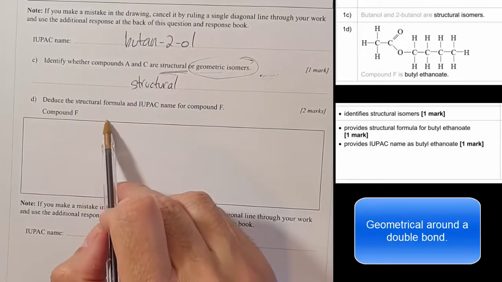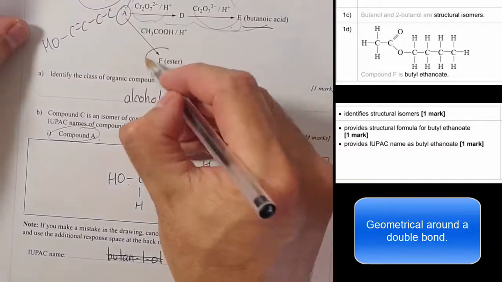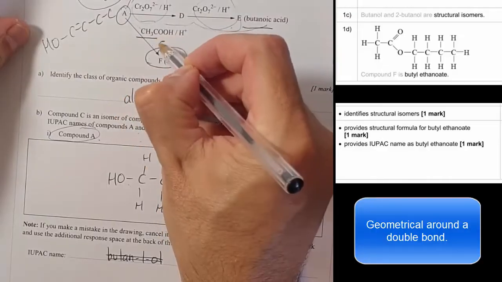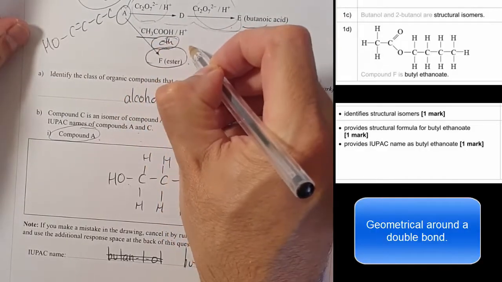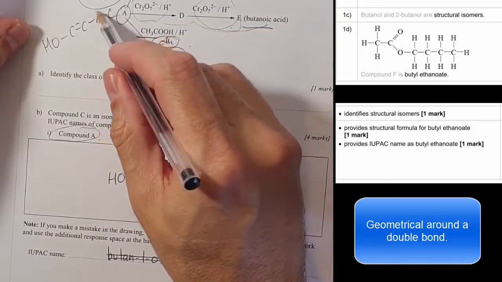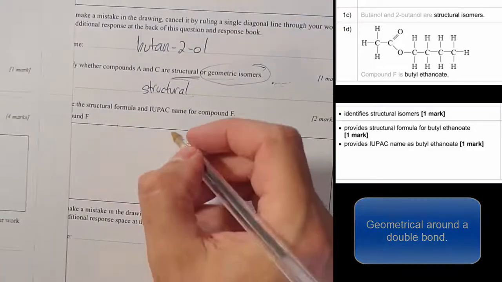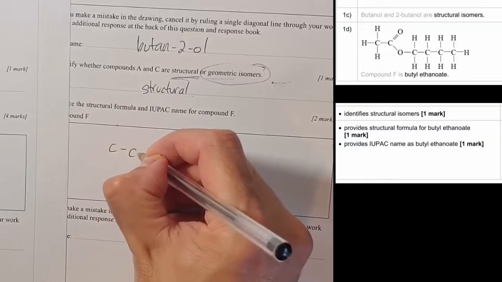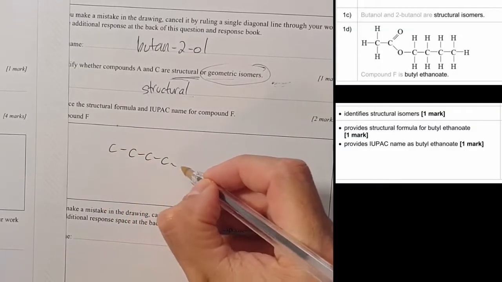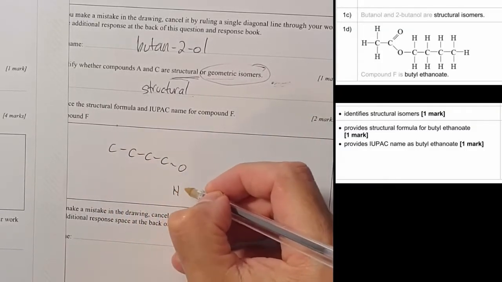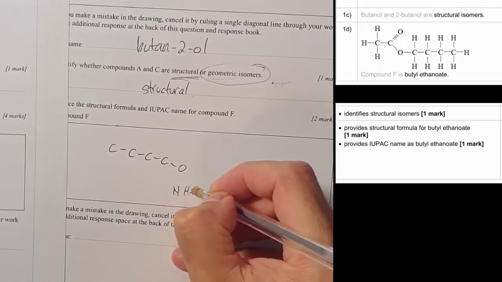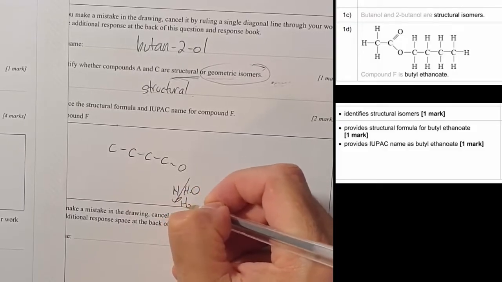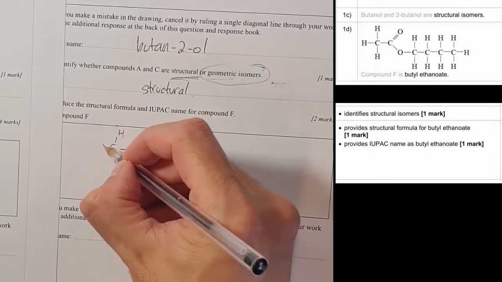Now, compound F, if you go back to here, compound F's over here. So you've got the F here as the stem, and you've got the but as the end. So we can draw the but over here, and the O and the H will come out as H2O. So the H comes off here.